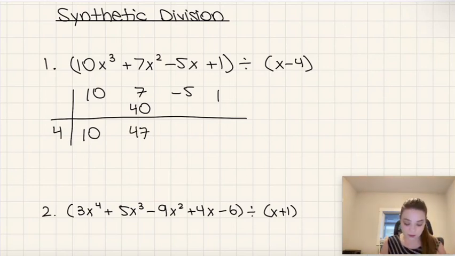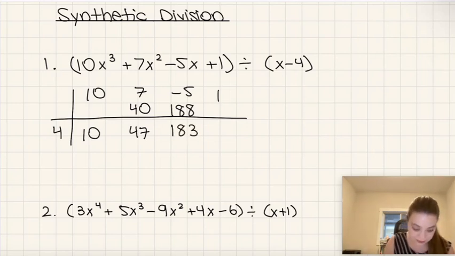Okay, now 4 times 47 is 188. 188 plus -5 is 183. 183 times 4 is 732. And then 732 plus 1 is 733.